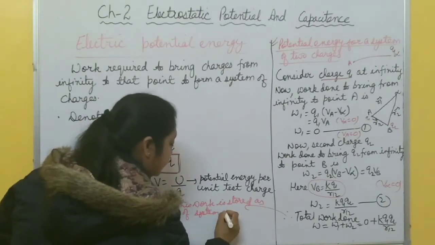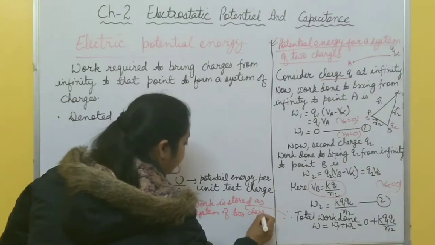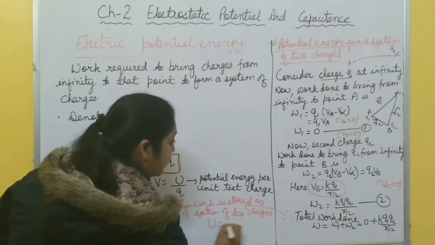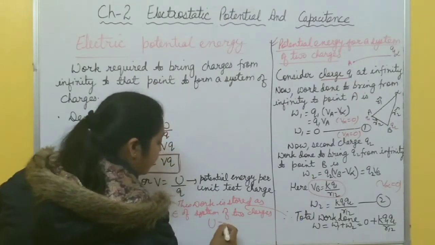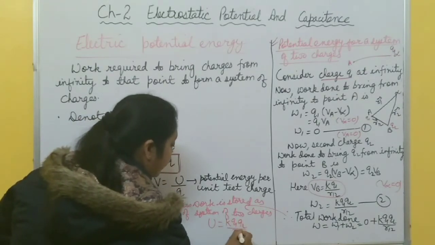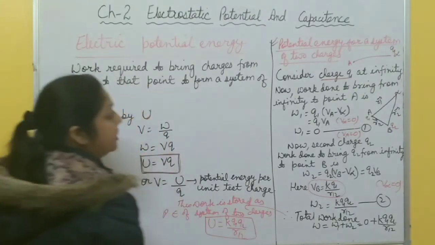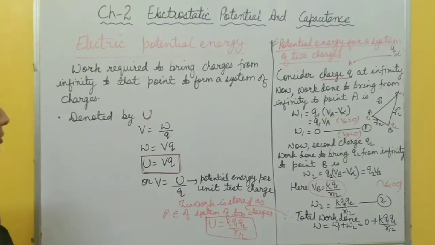How many charges? Potential energy of a system of 2 charges, right? So you can write U equal to 0 plus K Q1 Q2 by R12, that means K Q1 Q2 by R12. This is potential energy for a system of 2 charges.